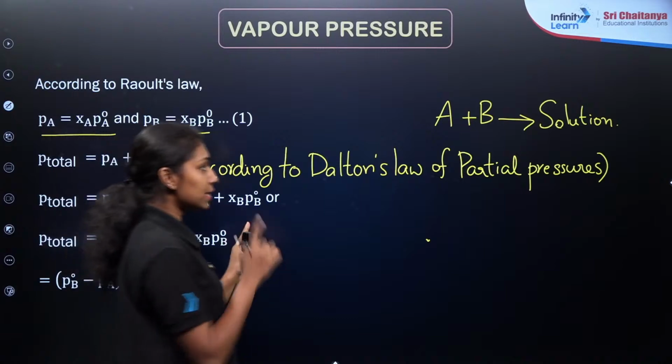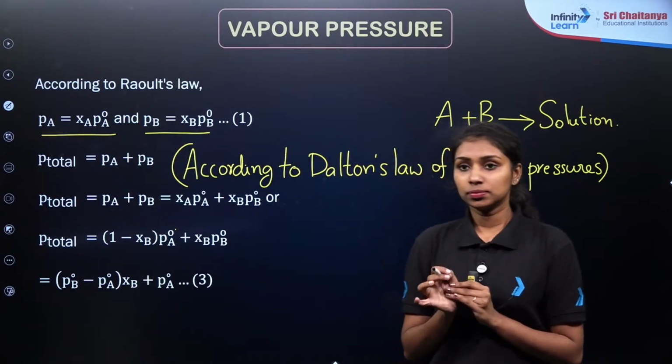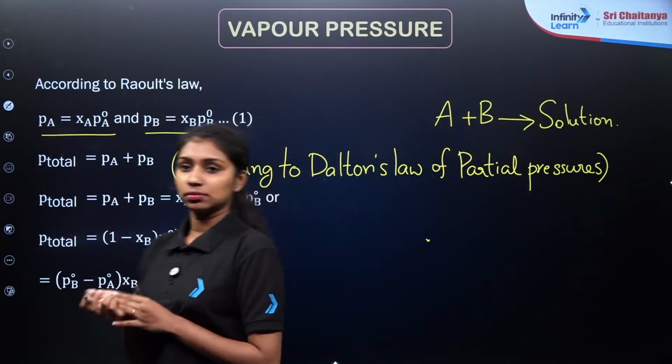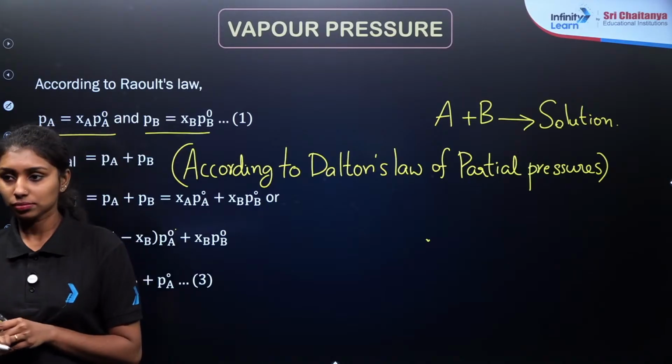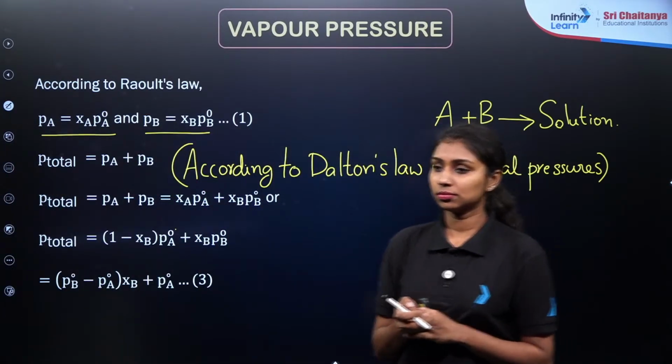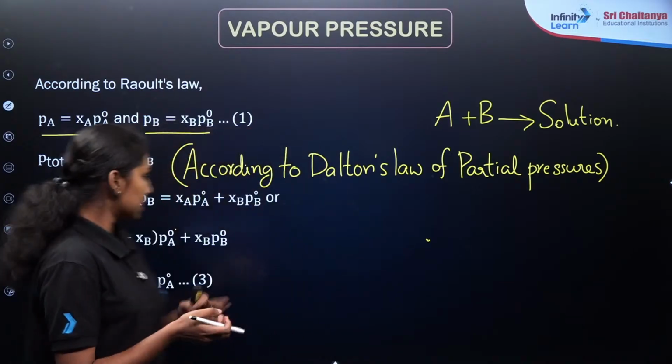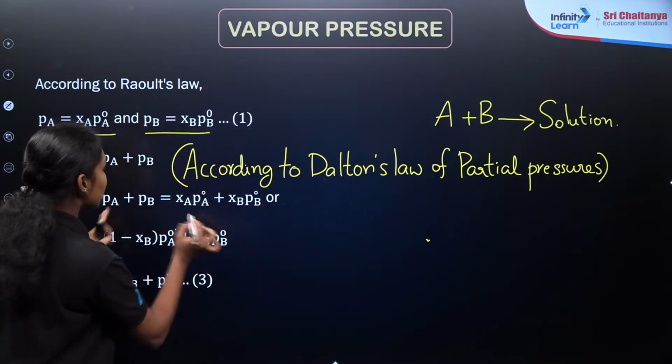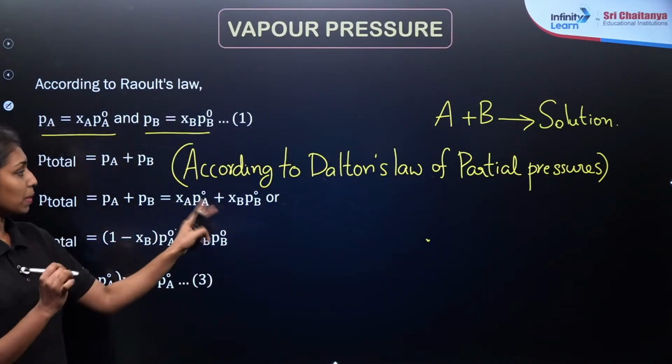Is that clear for everyone till here? So I am writing P total is equal to chi A into PA0 plus chi B into PB0.